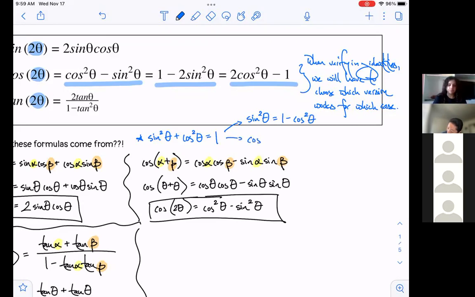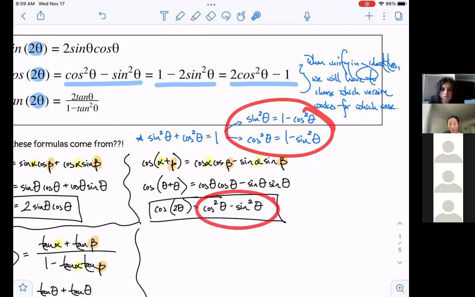And from the same starting point, how could I write cosine squared theta? If I go back to this Pythagorean identity, what happens when I get cosine squared all by itself? It's 1 minus sine squared theta. Beautiful. Okay. Now, we've kind of used this in some of the identities we've already proven, right? But we're going to be able to use these to rewrite our cosine double one to make the other versions that we have, okay?